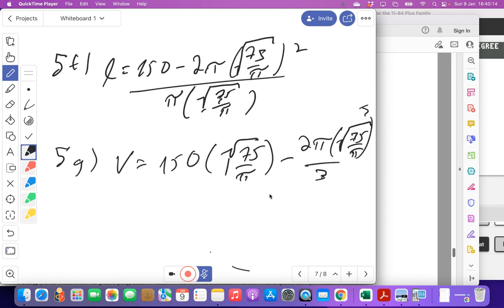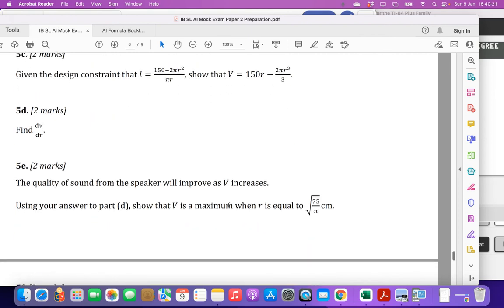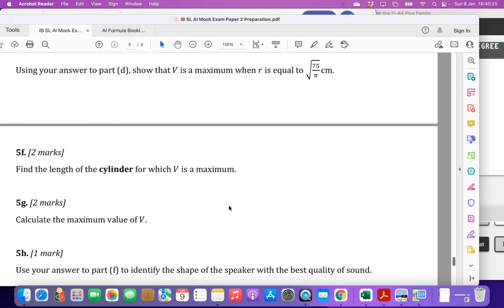And finally, H is going to be find the dimensions of the speaker. Well, we just found them. We know the radius is the square root of 75 over pi. You can round that to 3 significant figures so that people understand what that is. It's going to be about 5 centimeters for the radius, I think.